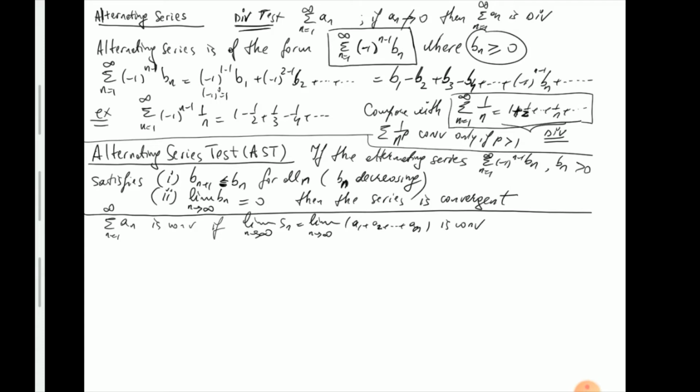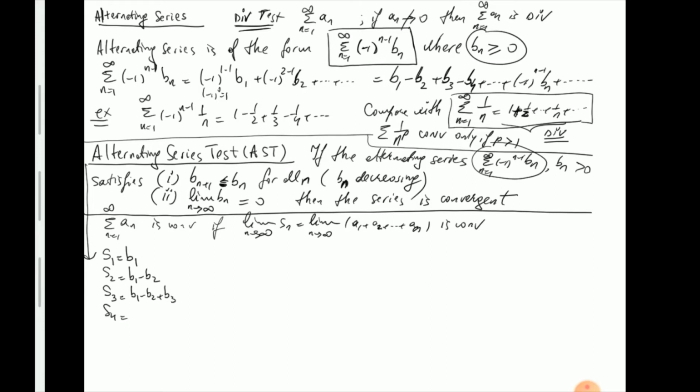So the partial sums for an alternating series: go back to the alternating series itself. Notice that the first partial sum is b1, so you start with a positive term. The second one is b1 minus b2. Then the third one is b1 minus b2 plus b3.